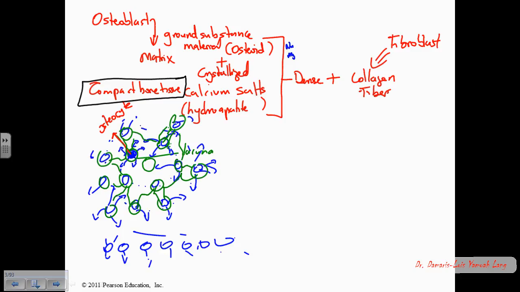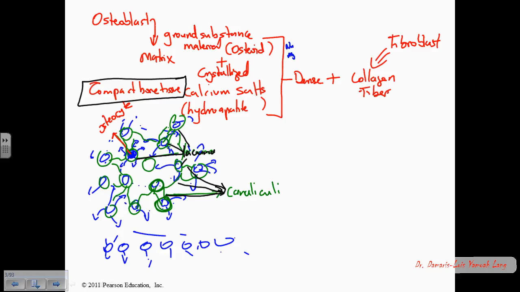And so these canals that are connecting one lacuna to the other lacuna on the different rows of where they have the cells are called canaliculi. Okay, so this is lacuna, and these are what? Canaliculi. Does that make sense?